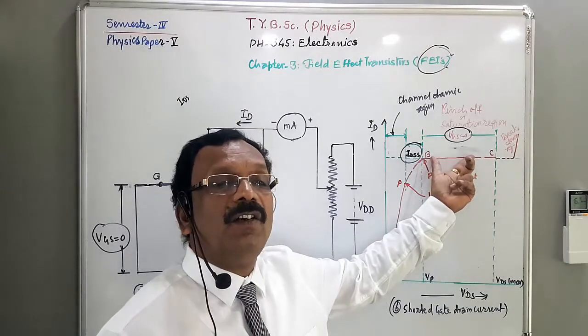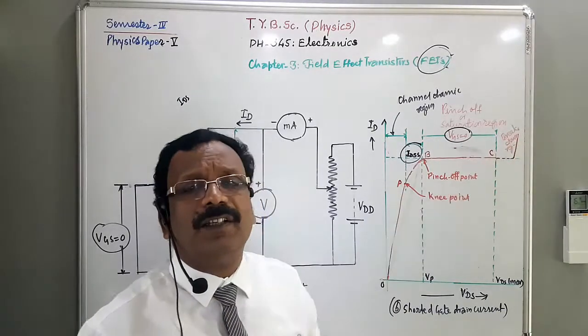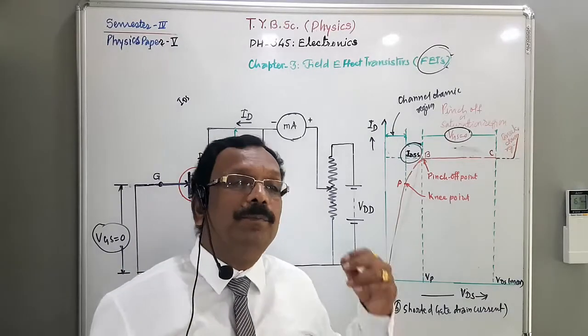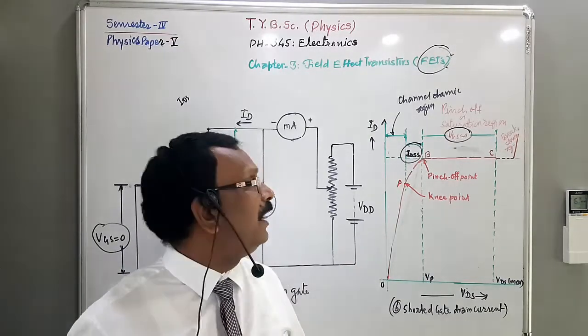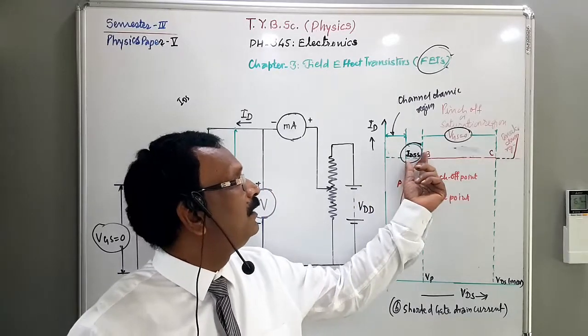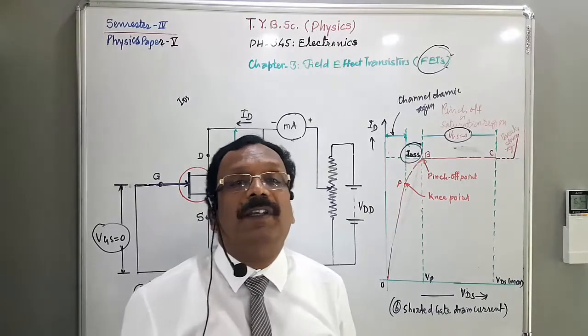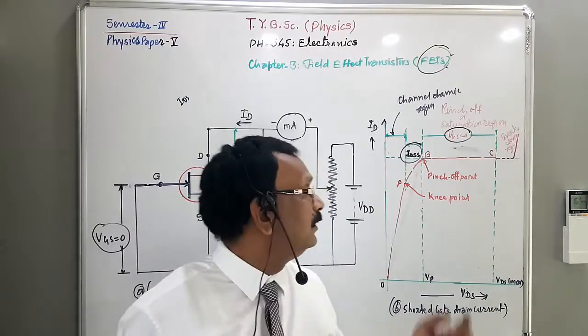The region of the characteristics where ID is fairly constant is referred to as the pinch off region, and the other region is sometimes called the channel ohmic region, because the channel behaves like a resistor.